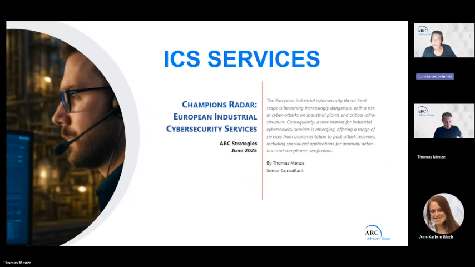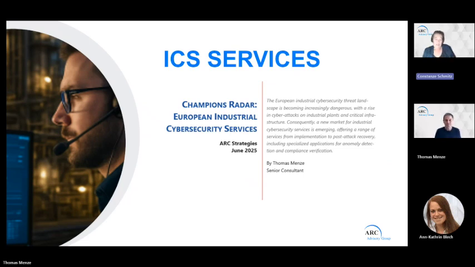So let me just paint a picture to start the presentation. We all realize industrial companies have become increasingly dependent on digital technologies to run and optimize their operations. But with this digitalization comes a growing risk of cyber attacks targeting their production systems, the supply chain, and critical infrastructure.